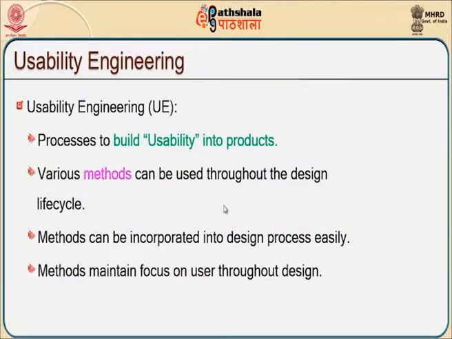Moving on to usability engineering, it is a process to build usability into the products that we develop, particularly the software that we are about to develop. Various methods can be used throughout the design life cycle. Methods can be incorporated into the design process very easily, and they maintain focus on the user throughout the design.